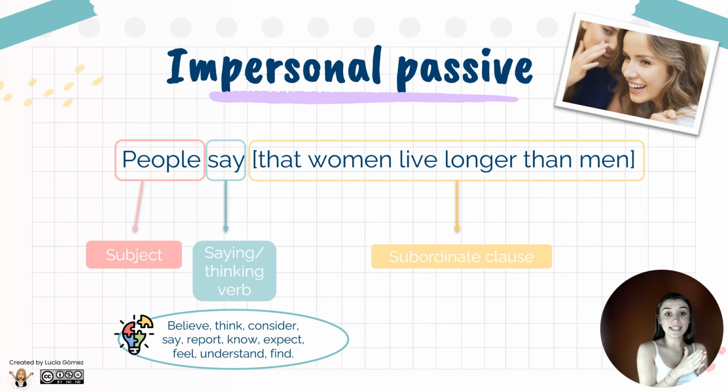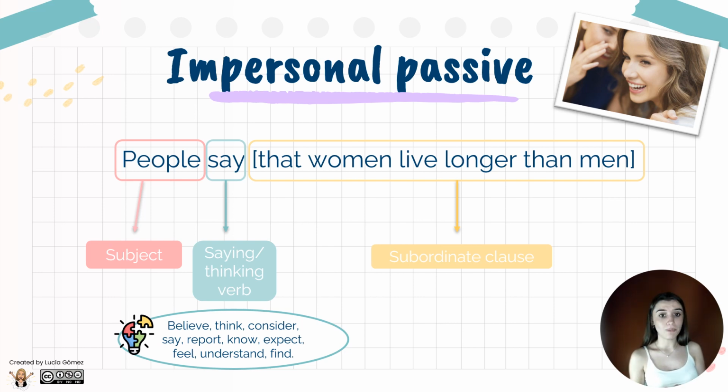So as you can see here, if we find this structure in a sentence, like in an active sentence, please watch out, ¿vale? Es decir, si nos encontramos en nuestros ejercicios de activa, ¿vale? Una oración de este estilo, con un sujeto que suele ser people, que suele ser someone, que suele ser they, un sujeto como intangible que no te aporta nada, ¿vale?